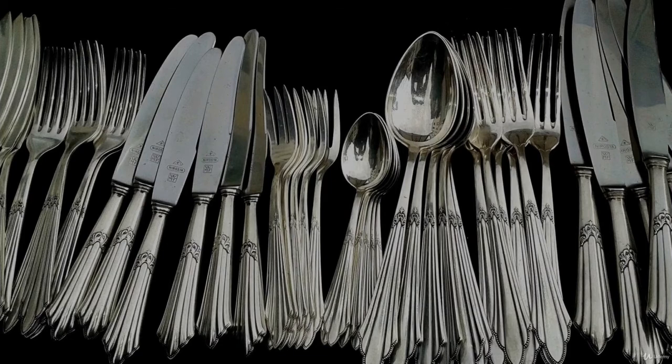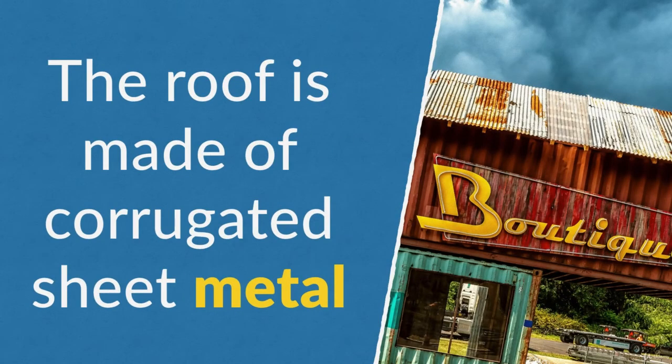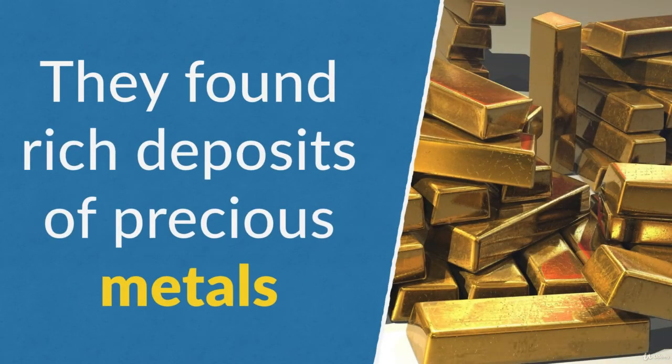The next word is metal. Metal is a hard substance such as iron, steel, gold, or lead. For example, the roof is made of corrugated sheet metal. They found rich deposits of precious metals.